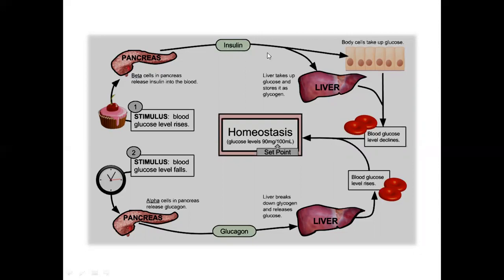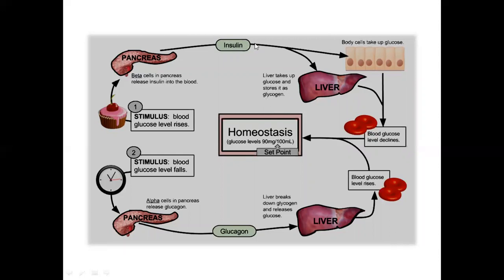The insulin thus produced, if the blood glucose level is okay, then those sugars will be absorbed by the body cells. If it is too high, then the extra blood glucose will be taken up by the liver, and this glucose will be stored in the liver in the form of glycogen. Please remember this.